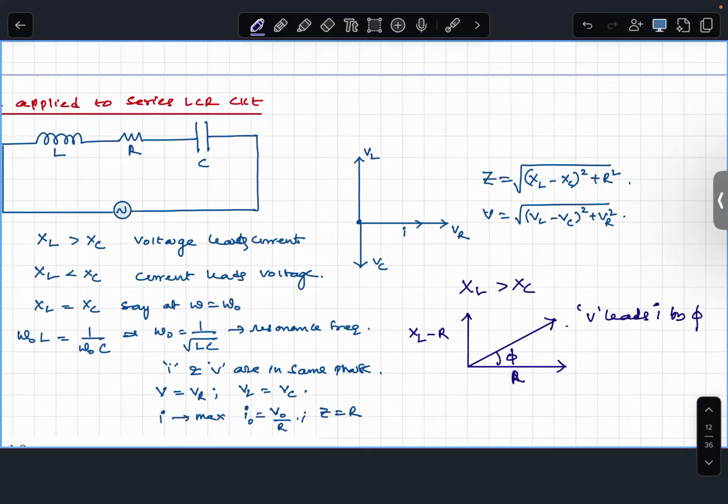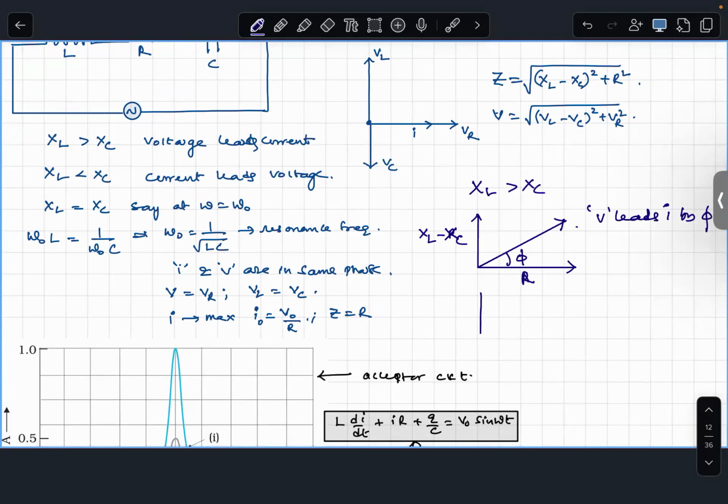Agreed? Whereas on the other hand, I leads V by phi. V, remember, is applied. I refers to the total current in the circuit.